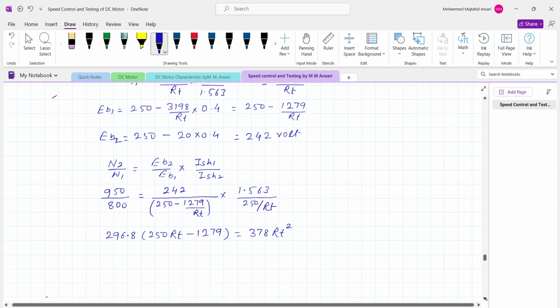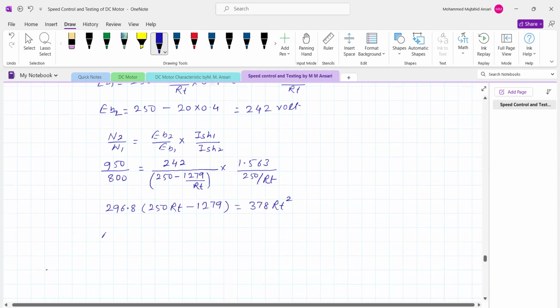By solving the quadratic equation, the resistance RT is equal to 191 ohms.